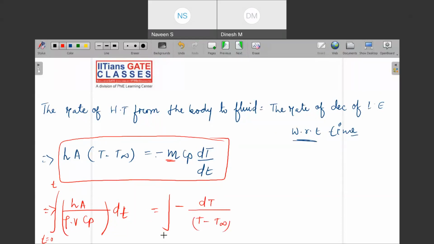Where you have started, your initial temperature was T naught, or Ti in this case, and we have reached any particular temperature T. So when you integrate it, T minus T infinity upon Ti minus T infinity, or you can remember it in terms of T naught also, no problem, is equal to e to the power minus hA upon rho V Cp, this whole, into t.